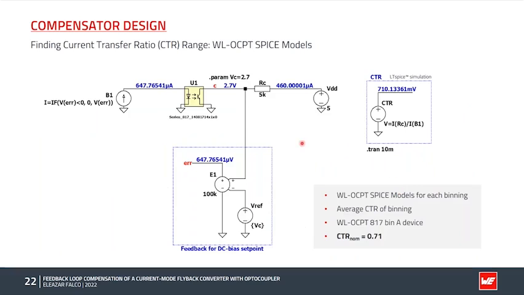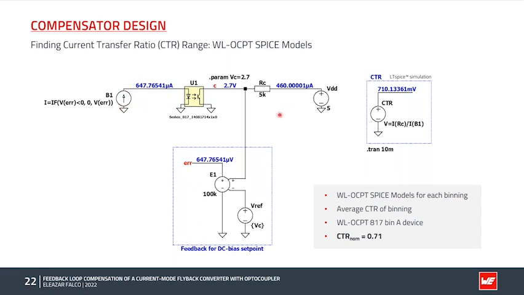If you like SPICE simulation, you can also obtain the CTR value by using the SPICE models of the WL-OCPT series. Each binning within the series has its own SPICE model with a CTR which is set close to the average value of its corresponding bin range. The simulation circuit uses a simple closed loop to set the collector emitter voltage of the phototransistor, and it uses an error amplifier, again with a voltage controlled voltage source, and the error signal is simply injected as the LED current by this arbitrary current source here.